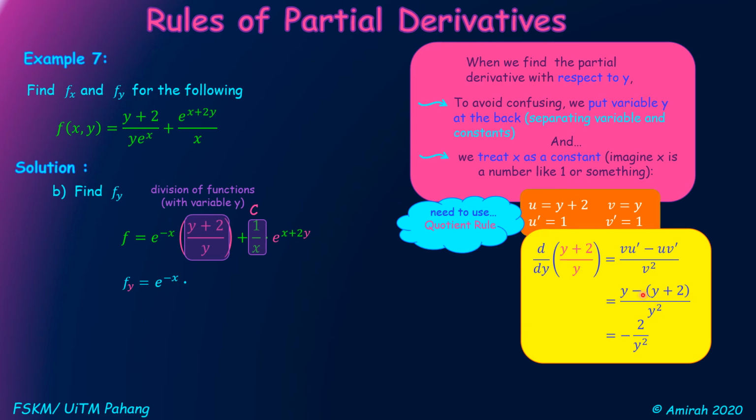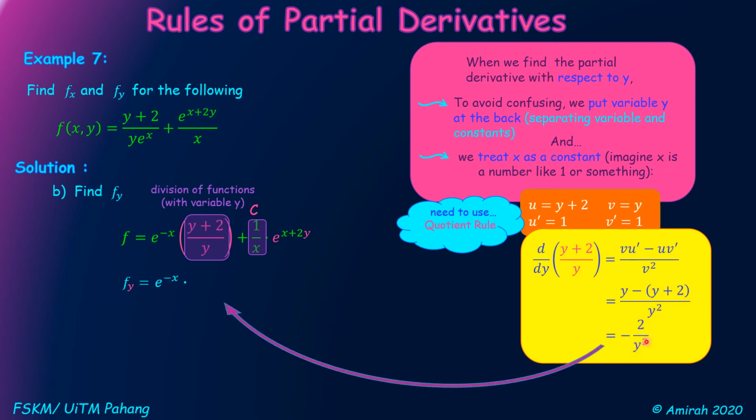Since we have y plus 2 here, which means more than one term, and before that we have a minus sign, you must be careful because we need to put brackets here if before that is a minus sign. So after we simplify, we have y minus y equals 0, and then we multiply negative and positive 2 here, so we get negative 2 over y squared.